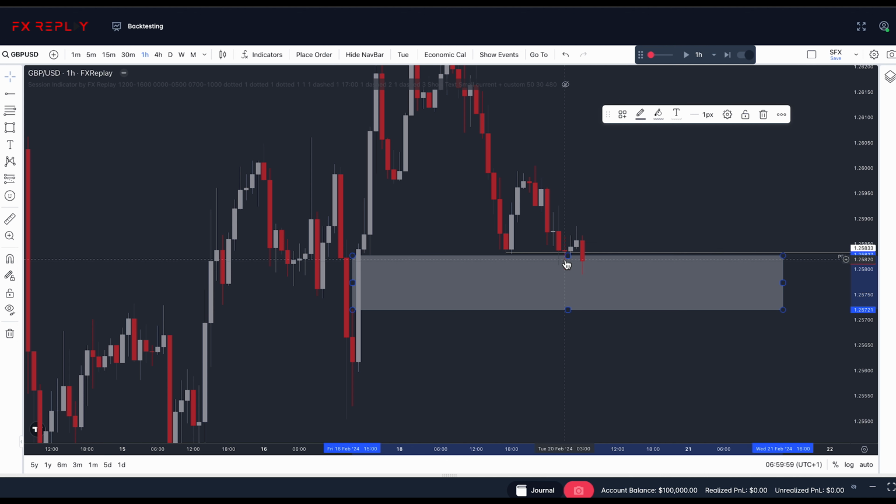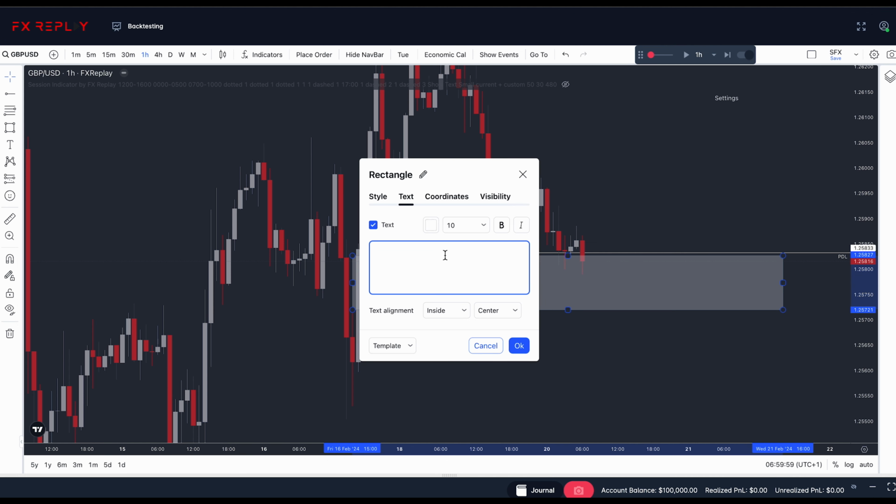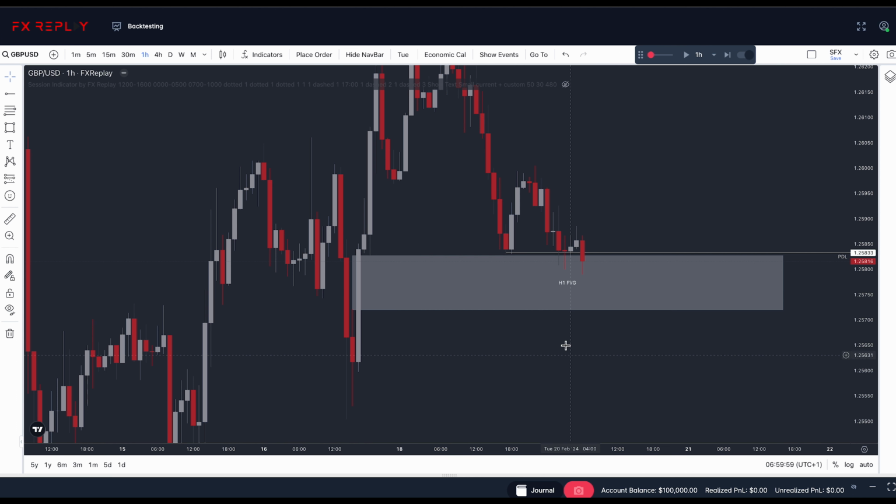It was like that before Asia session raided, so we have the H1 fair value gap. Because we tapped into it, it doesn't necessarily mean that price must cover everything to the T. So we have two confluences now: the H1 is covered almost to the 50% and the PDL is taken out.